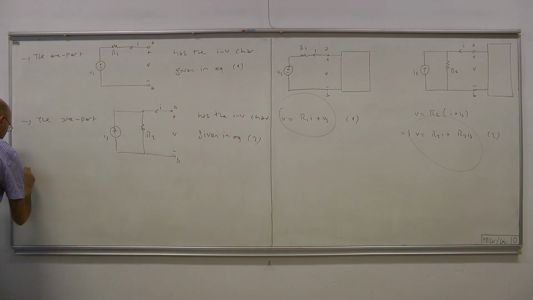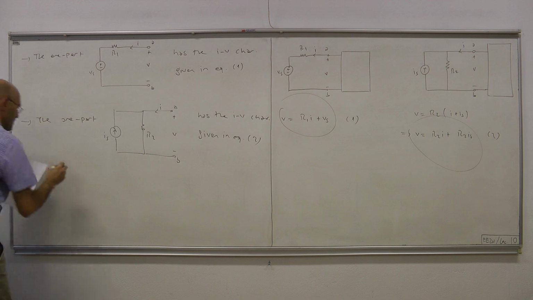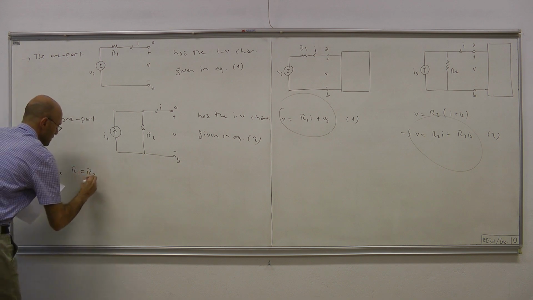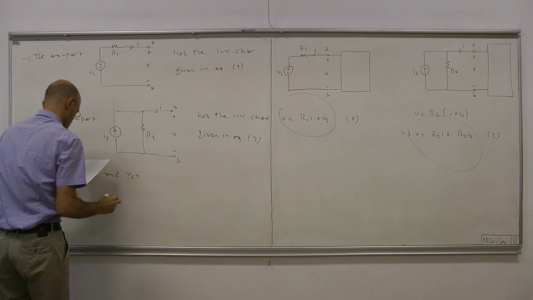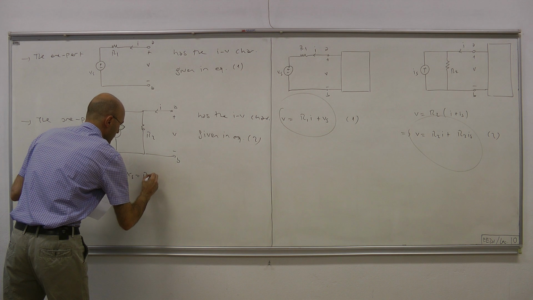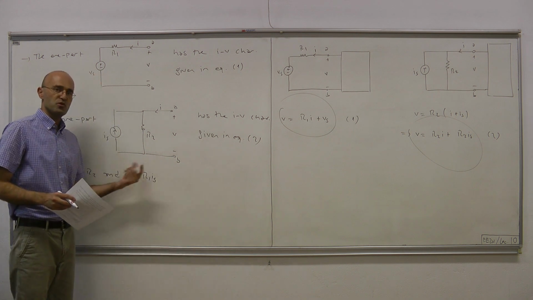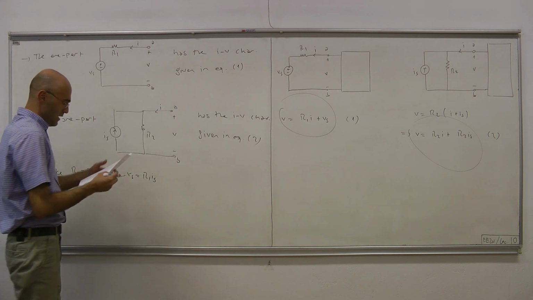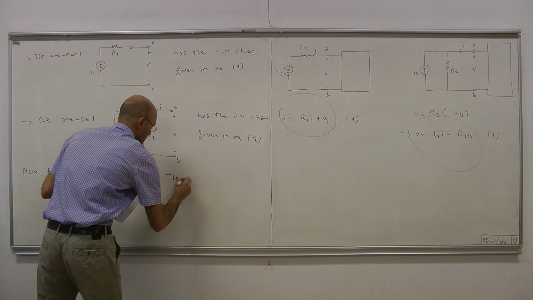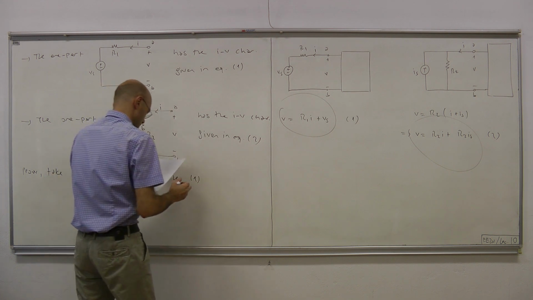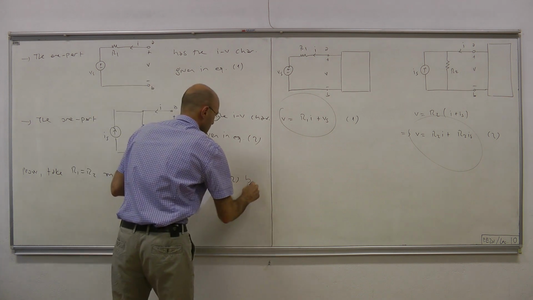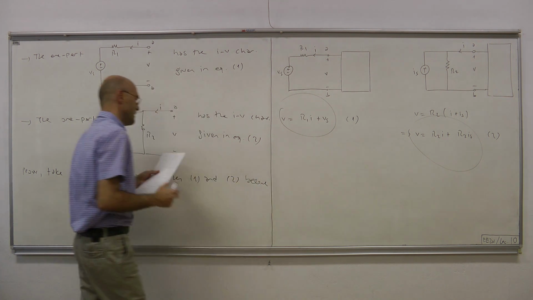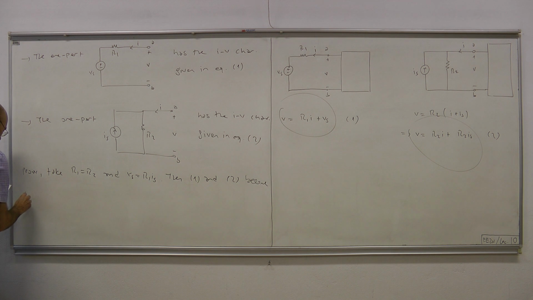So under those conditions, two one ports become equivalent. If we take R1 equals R2 and Vs equals R1 Is, or R2 Is, because R1 and R2 are now equal, then equations 1 and 2 become identical equations.